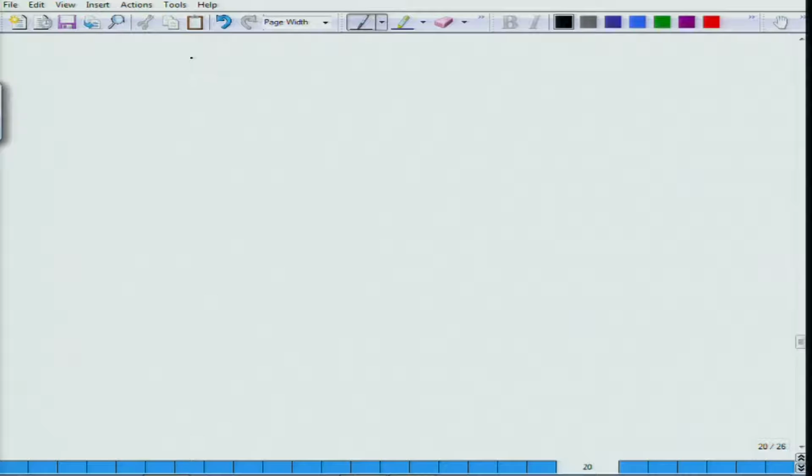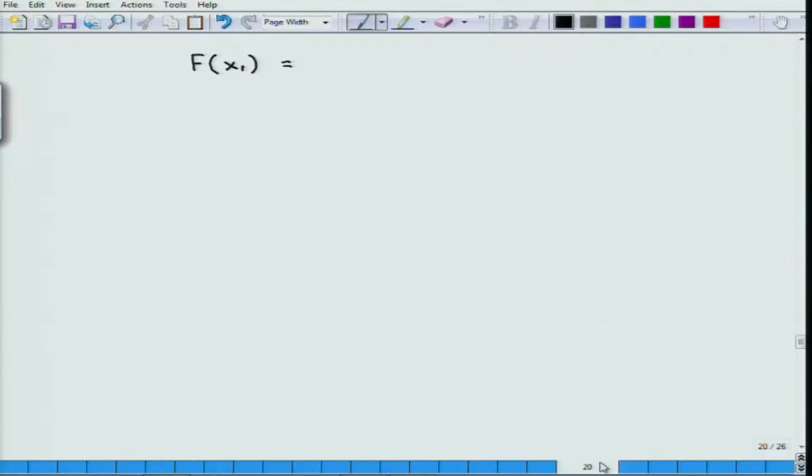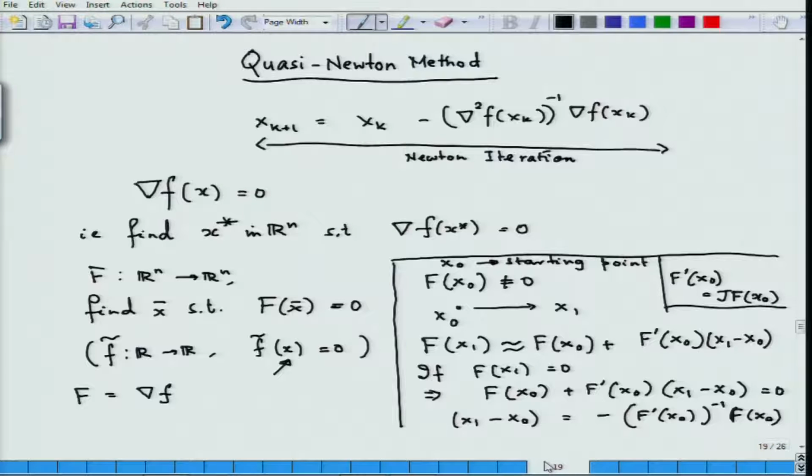Instead of writing f(x1) in terms of this derivative, I bring in some Bk, which is a positive definite matrix.